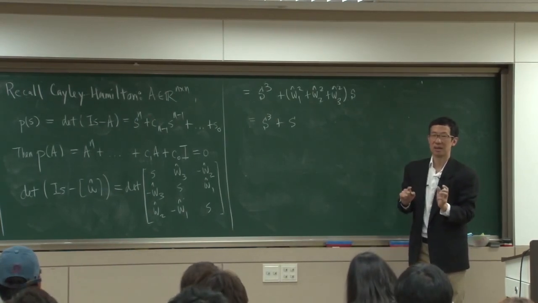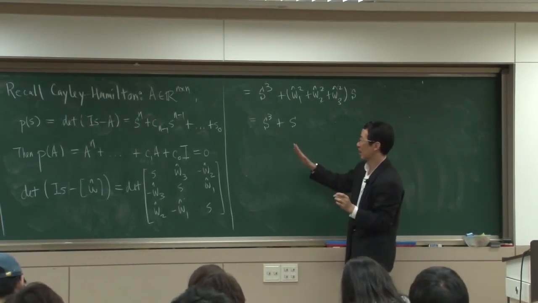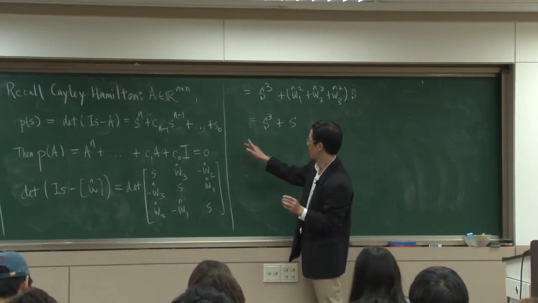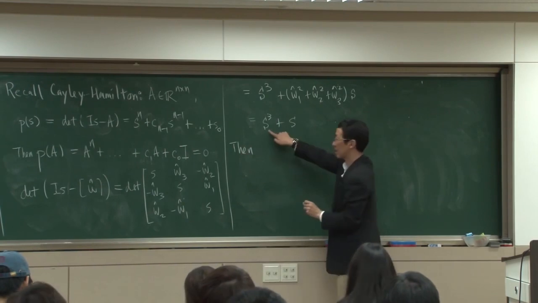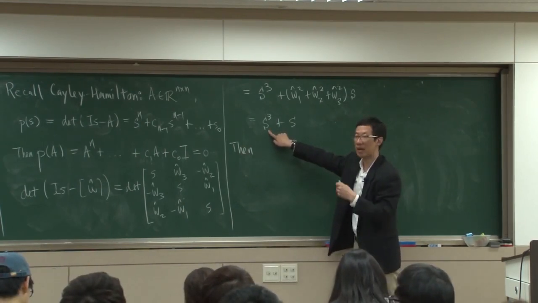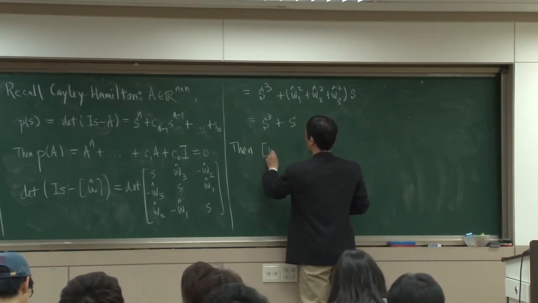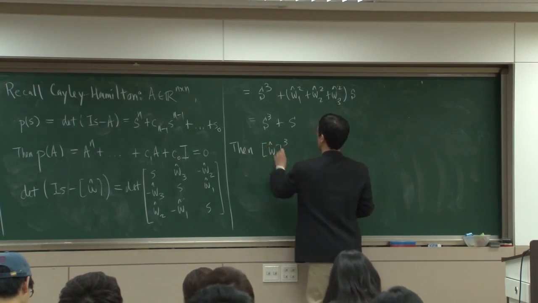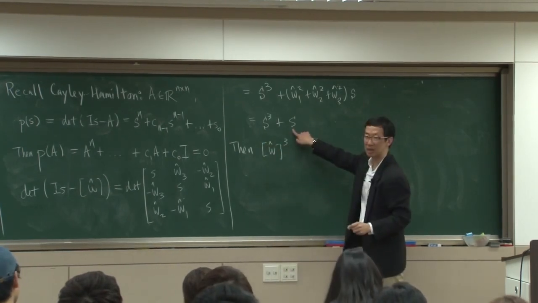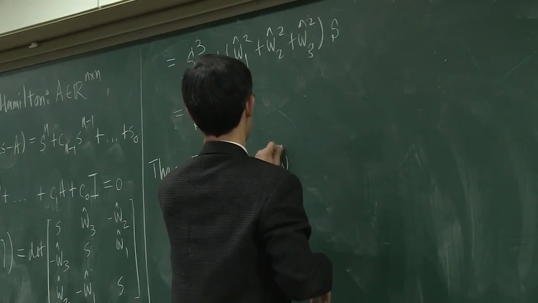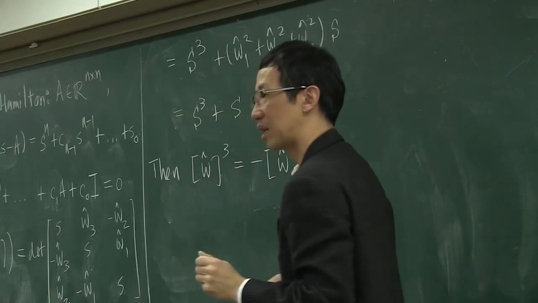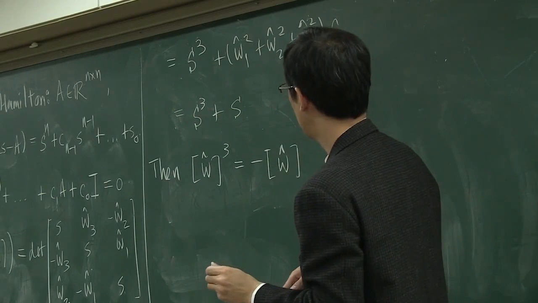All right, so now if we apply the Cayley-Hamilton theorem, then we know that replace s by omega hat. So omega hat cubed plus omega hat is 0, or omega hat cubed is minus omega hat.